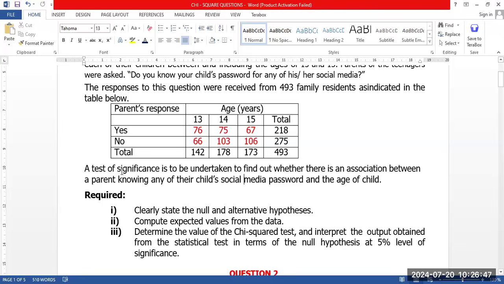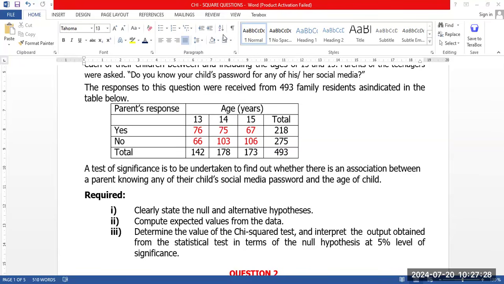They told us that a test of significance is to be undertaken to find out whether there is an association between a parent knowing any of their child's social media password and the age of child. So it means that what is stated here is your null hypothesis. Then the opposite is your alternative hypothesis. So if you say there is an association, then the opposite of this is there is no association.